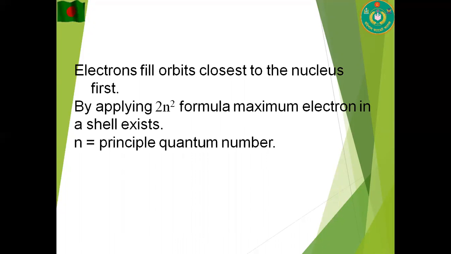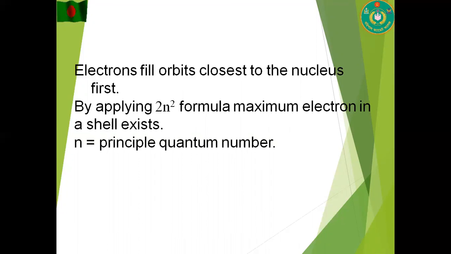By applying the formula 2n², electrons are arranged in different energy levels, where n is the principal quantum number. If the value of n is 1, this is the first orbit, where 2 electrons can exist. If n is 2, the second orbit can hold 8 electrons.